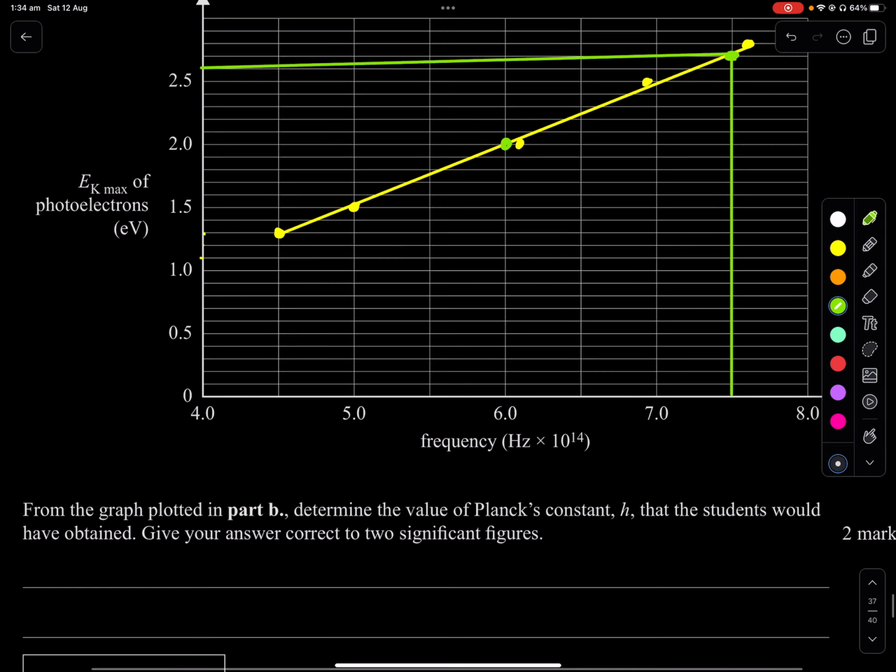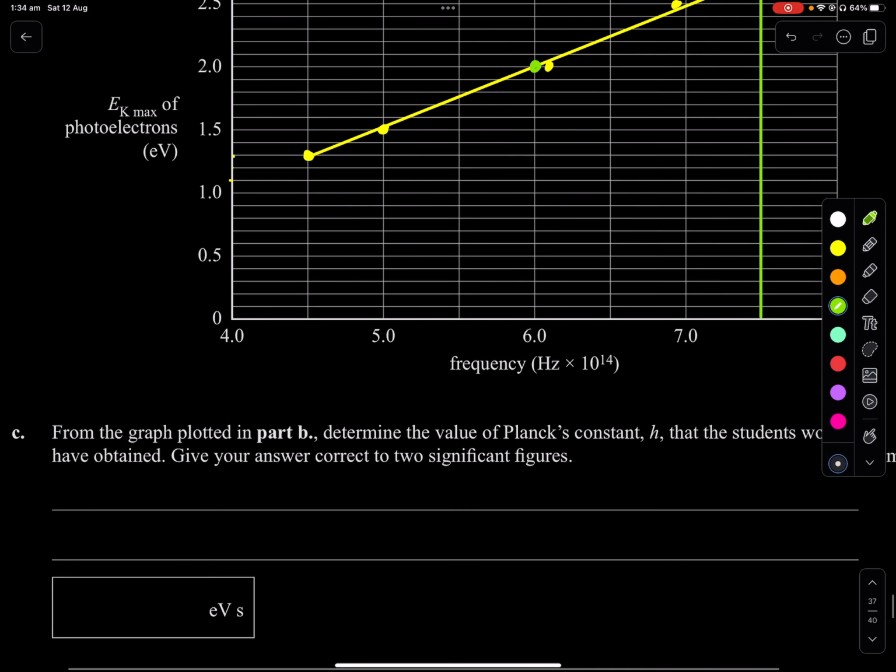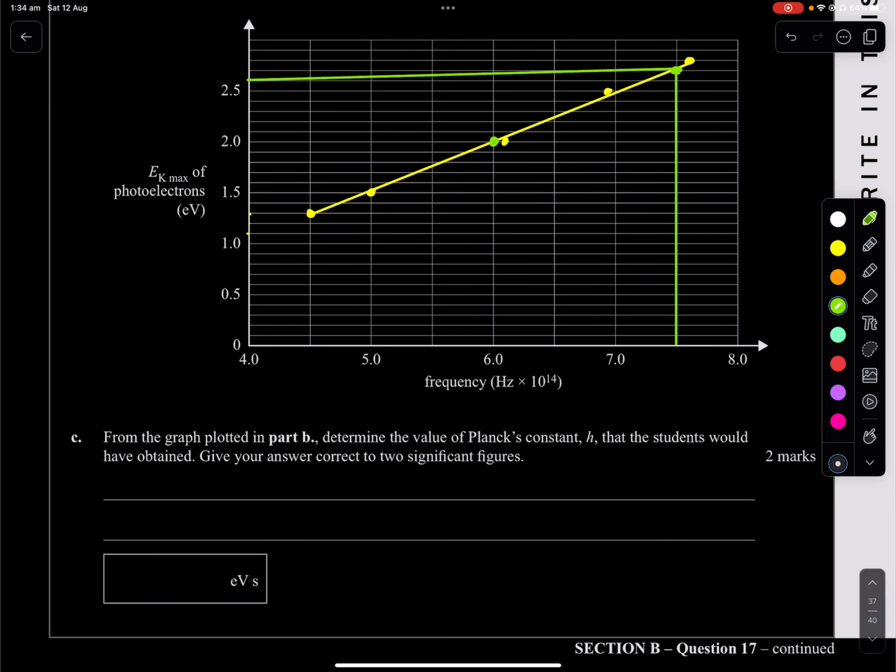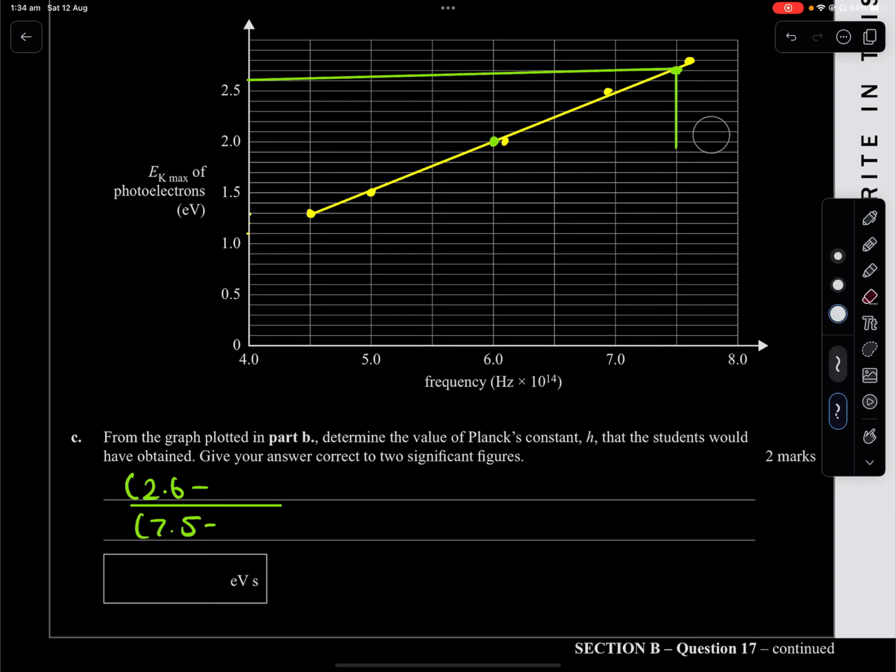So the first point, let's say, is 2.6. So 2.6 minus, divided by, and the other value is 7.5 minus. Okay, that's good. Now let's try the other value too.